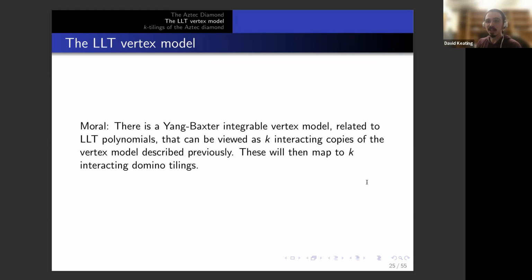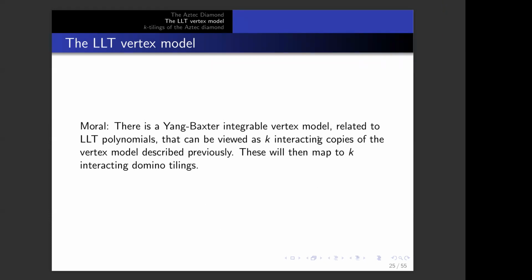So if you get bogged down in all the weights, the reason we're doing all this is just because the Yang-Baxter equation makes it easy for us to compute the partition function at the end. So eventually we'll just say what the weights are in terms of the tilings and we'll forget about the vertex model. All right. So that's our next intermediate goal.